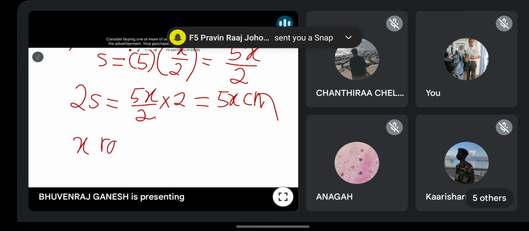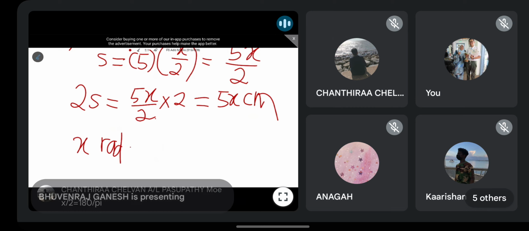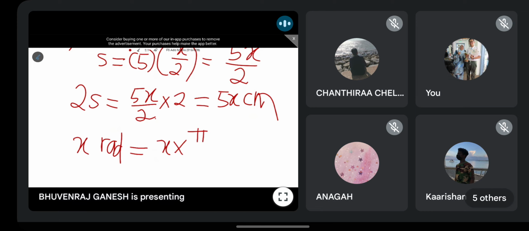Basically, x is in radian. Correct? X dalam unit radian. So actually, you can directly convert to degrees. Kamu boleh terus tulis macam ni. You can write it as x times pi bahagi 180.